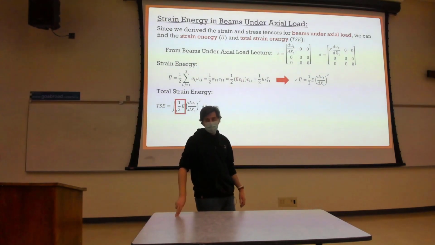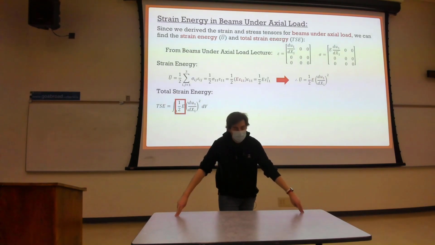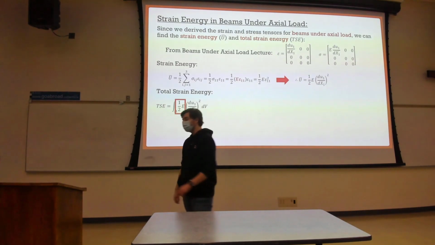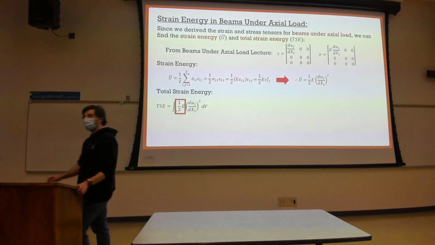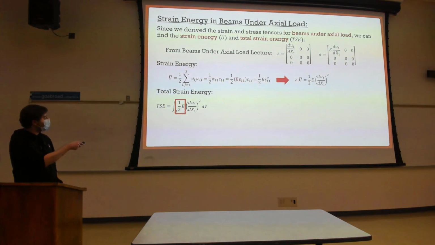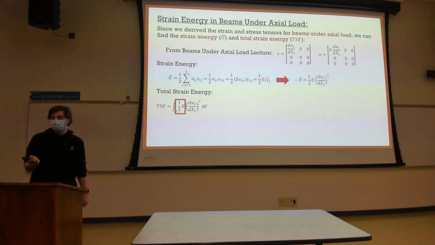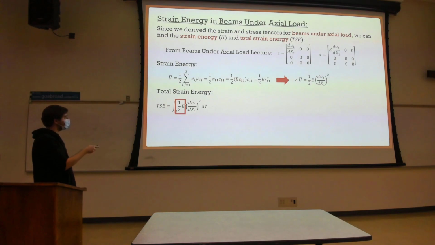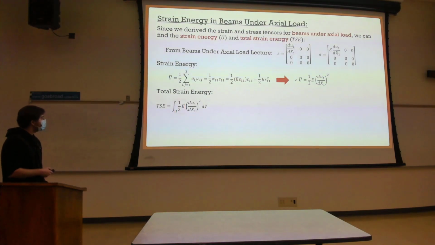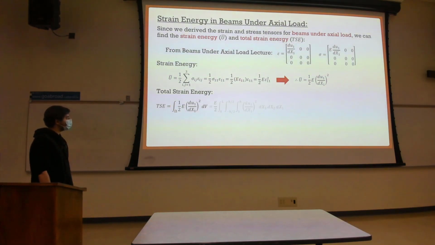Is this point going to be different than this point when it comes to my modulus? No. It's going to be constant throughout the beam. So if it's constant throughout the beam, just like 1/2, can I just take it out? Yes, I can just take it out because, again, they are not a function of the volume. The second part is the integral over the domain. But again, we said for beams, we already know what this is.